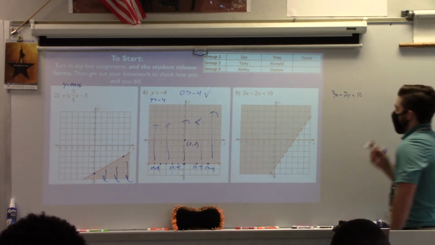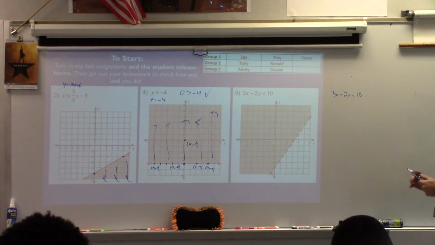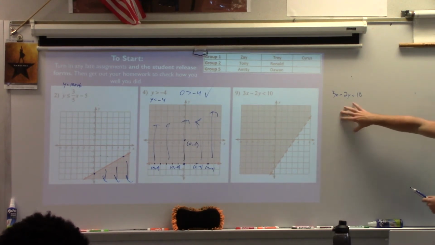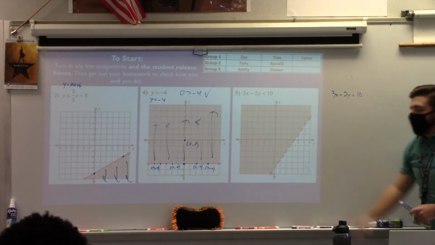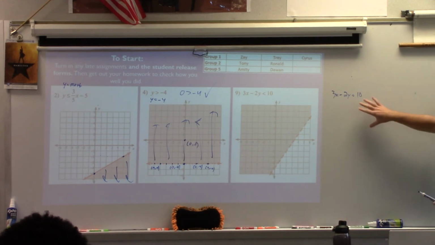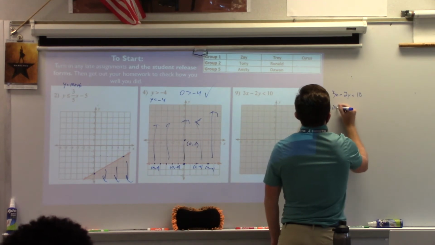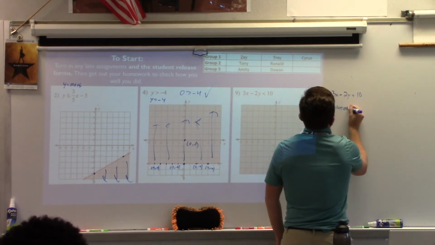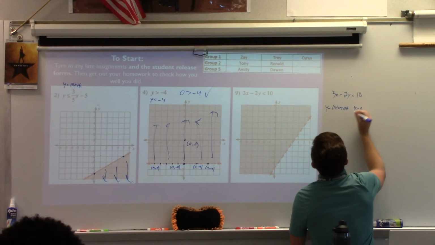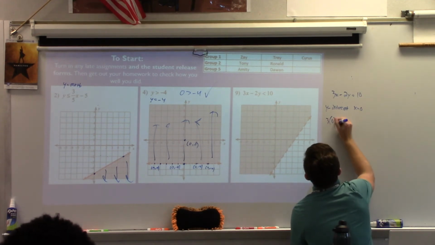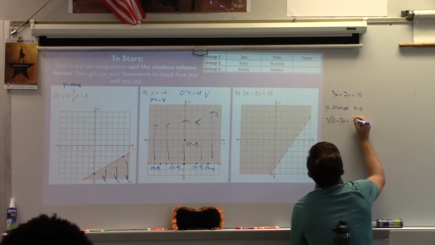Now, based on our notes, and you can look back in your graphic organizer, what is a strategy we can use if you're wanting to find this y-intercept? What do we know about a y-intercept, and how can we find it from this equation? We know that x is going to be 0, so we replace the x with 0. So you have 3 times 0 minus 2y equals 10.